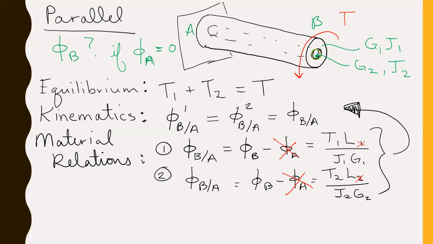So we can cross off that subscript and just use the variable L. And now plugging into the kinematic statement, I say that T1 L over J1 G1 equals T2 L over J2 G2. From that, you can solve.